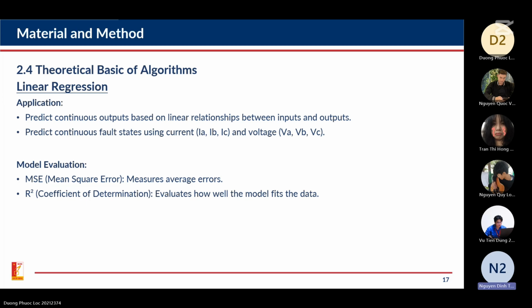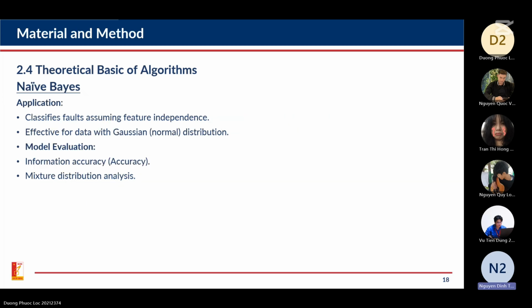For model evaluation, we use mean square error and coefficient of determination. The next algorithm is naive Bayes. The application is to classify faults assuming feature independence, effective for data with Gaussian distribution, and the model evaluation is to compare the accuracy.